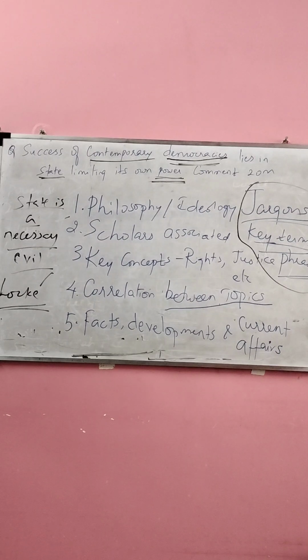In case of states that are not democracies, for example, Iran, the state is trying to increase the intervention. For example, recently women protested in Iran. They wanted rights when it comes to dressing. They did not like the dress code being imposed on them. So this is how you bring in current affairs in a relevant manner.